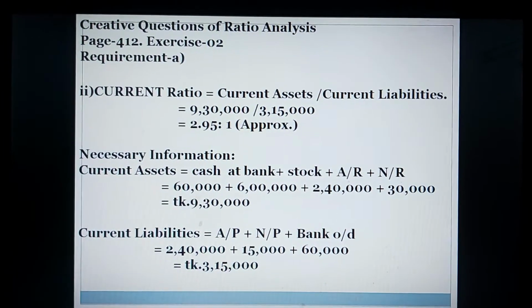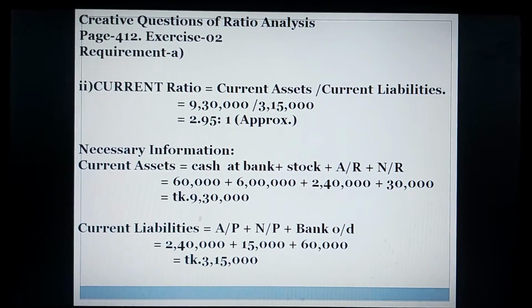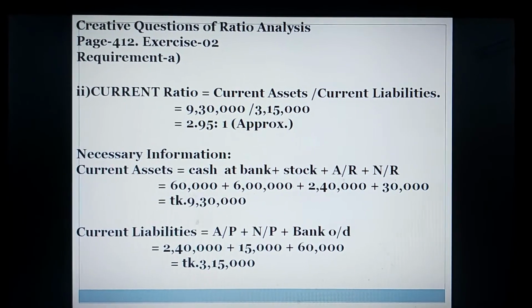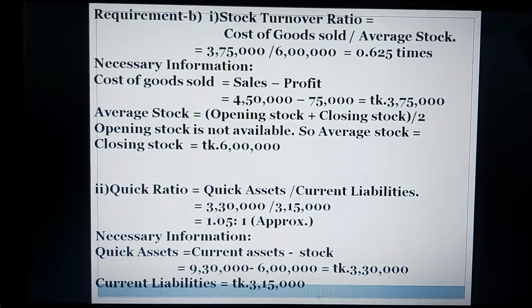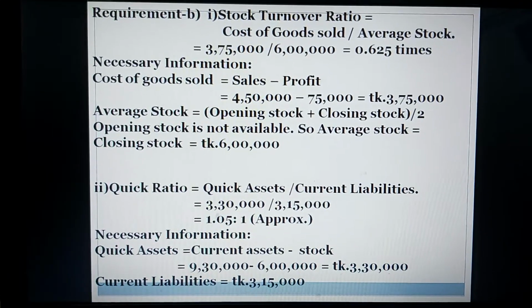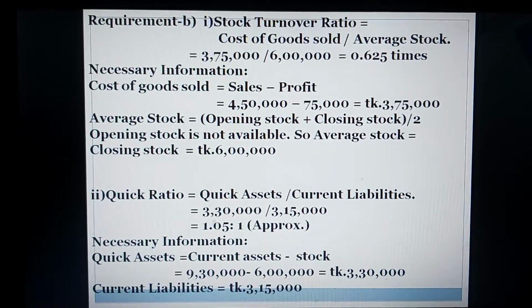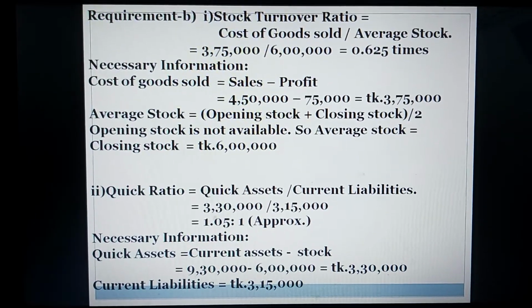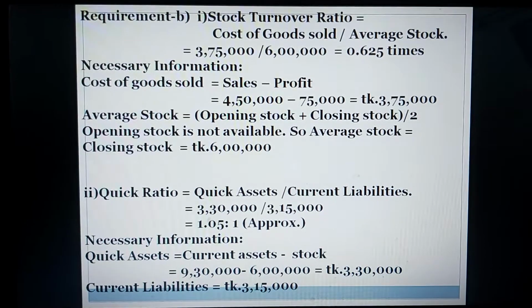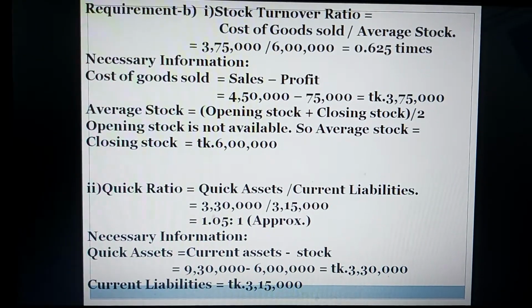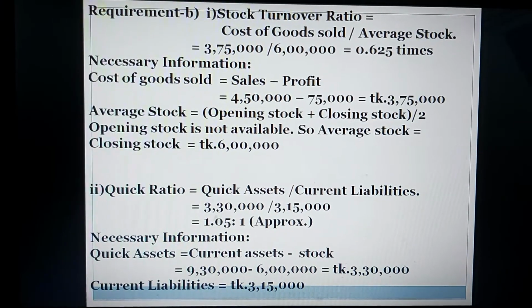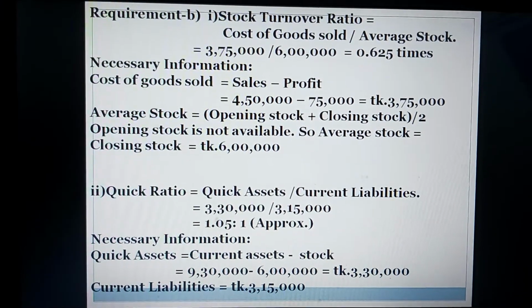Now we can go to the second requirement, computing stock turnover ratio and quick ratio. Dear students, requirement B, stock turnover ratio, the first one. You know, from the formulas of ratio analysis, stock turnover ratio is equal to cost of goods sold divided by average stock.